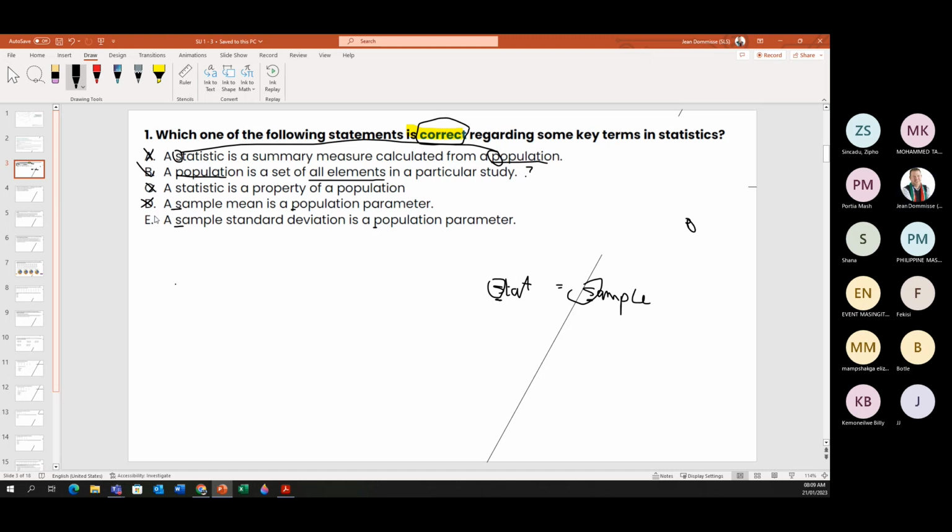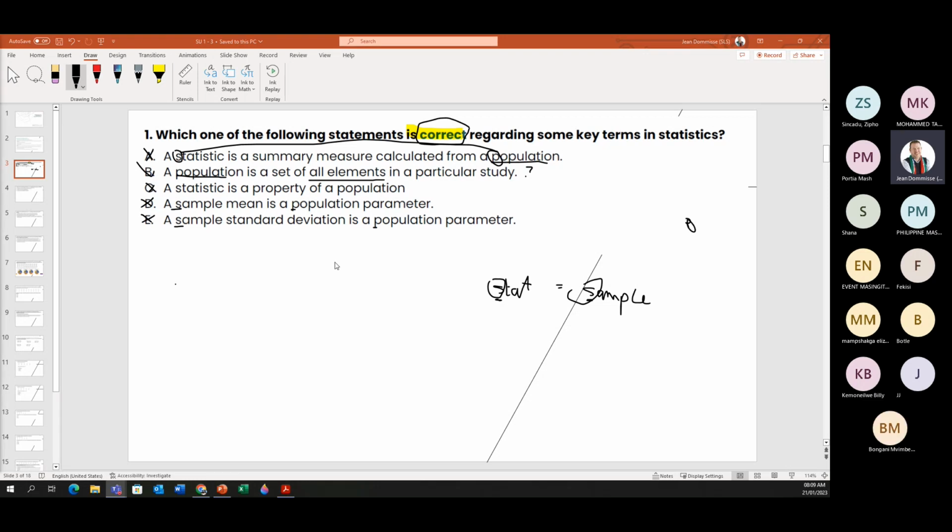Again, no, because sample goes with statistic. The easiest way to remember this is that sample goes with statistic, the 2 S's. It is easy to make that mistake. The correct one was: a population is a set of all elements in a particular study.